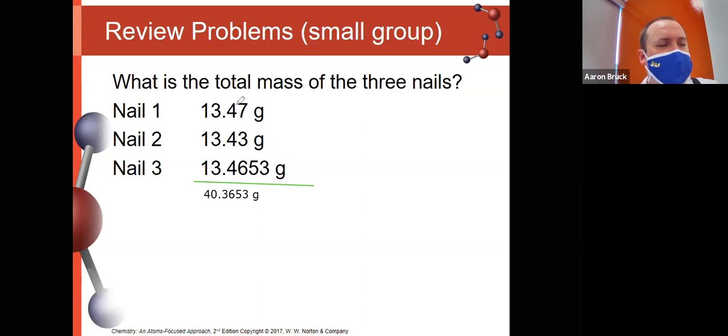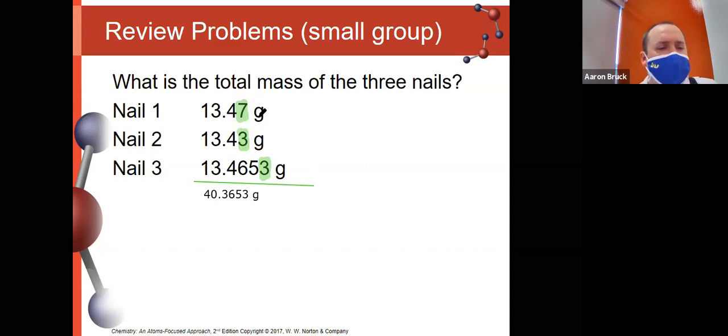So if I look at it from a standpoint of uncertainty, the uncertain digit in that first nail is the 7 here. The uncertain digit in the second nail is the 3 at the end. And the uncertain digit in the last nail is this 3 in the 4th decimal place.